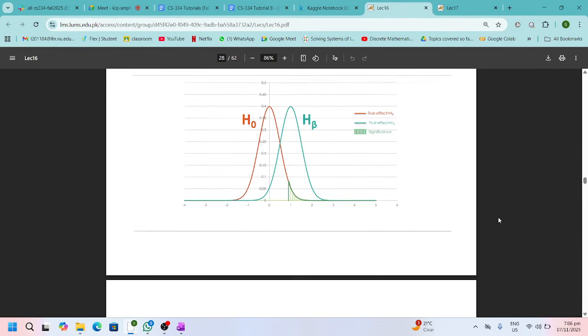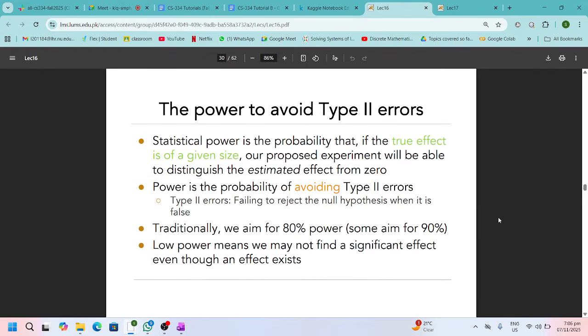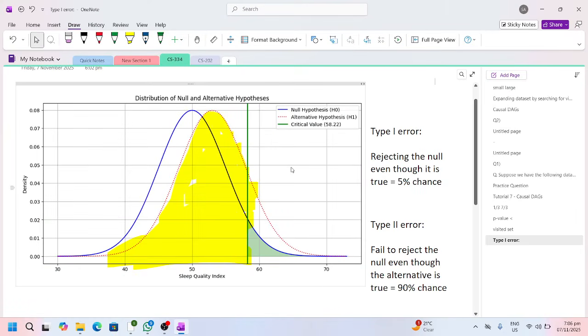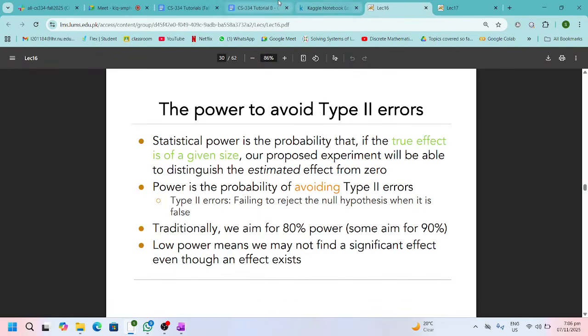So we've already covered this part. Let's go over what power is. Power is the power to avoid type 2 errors. So I will just go back to this graph real quick and highlight, okay, the probability of a type 2 error was 90% right now, assuming that the alternative is true. So अगर 90% chance है that I will, oh I think I looked at the wrong value, my bad.